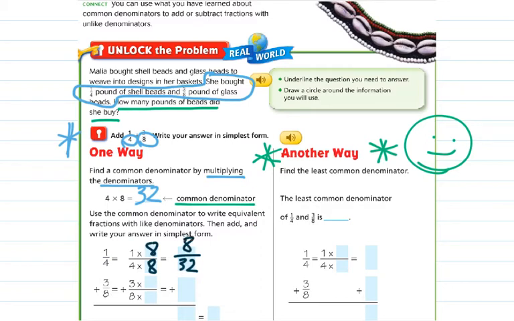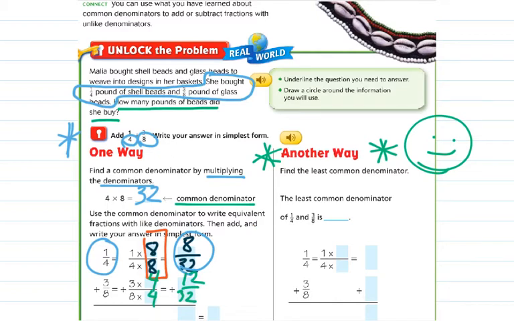Now, boys and girls, keep in mind, 8/32 is equivalent to 1/4, because when we multiply by 8/8, we're really multiplying by 1. Now we have to multiply by the opposite denominator. So 8 times 4 would give us 32. And now if we multiply the denominator by 4, we need to multiply the numerator by 4, which would give us 12 over 32.